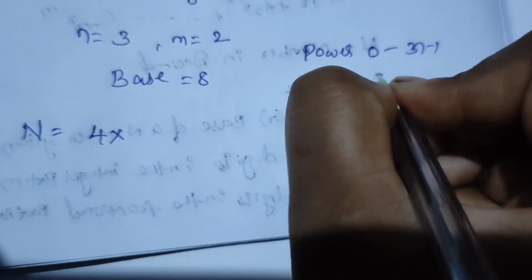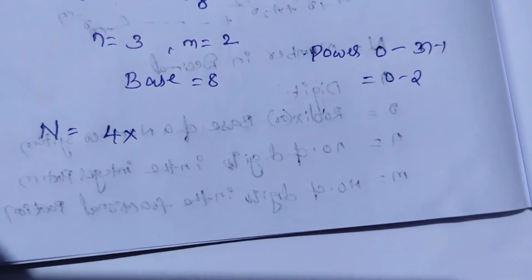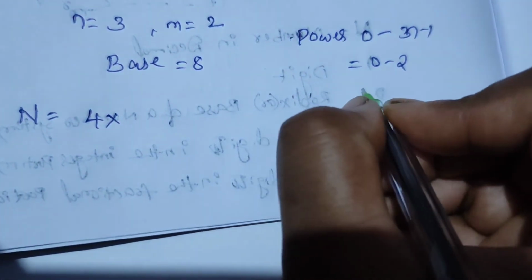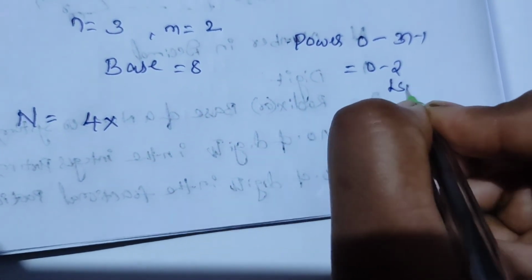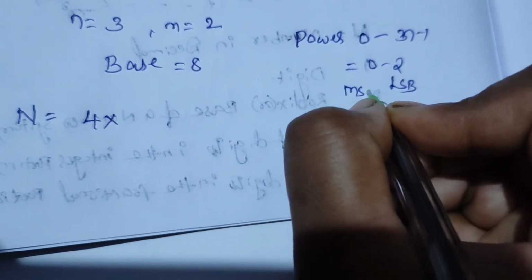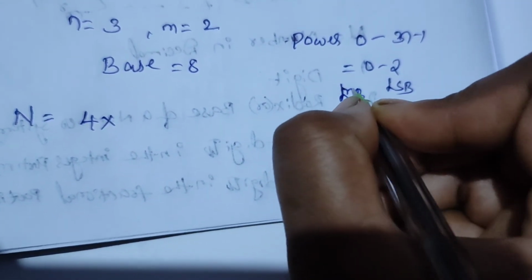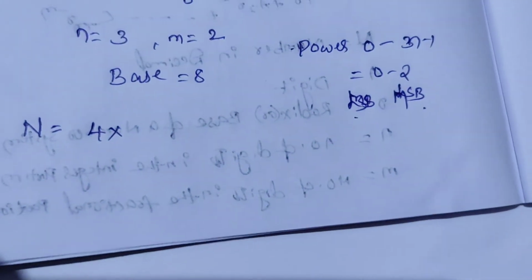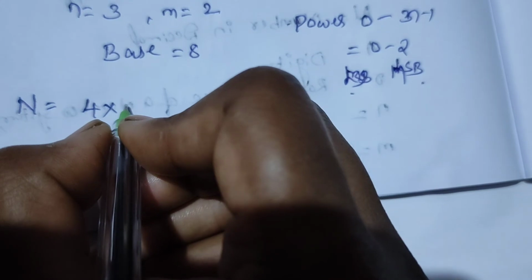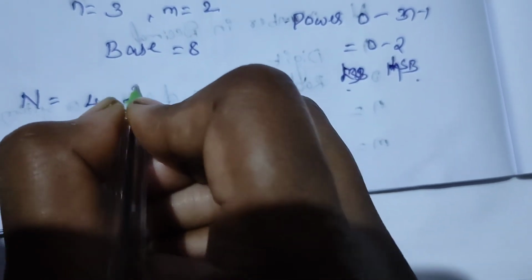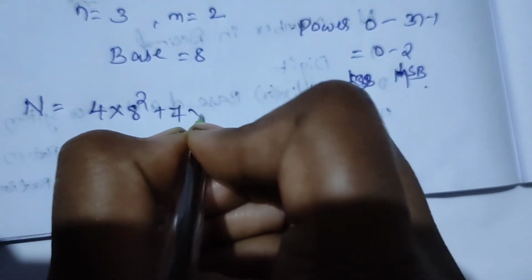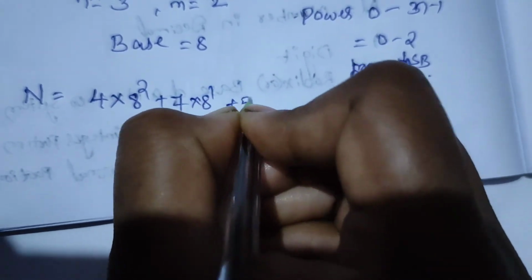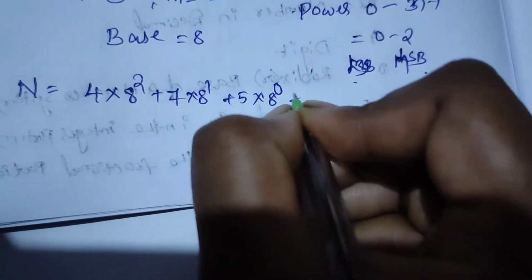The power of the base we need to take from 0 to n minus 1, means 0 to 2, that is 8 power 0 to 8 power 2. I am writing here clearly, 0 is LSB and 2 is MSB, that is 4 into 8 power 2 plus 7 into 8 power 1 plus 5 into 8 power 0.